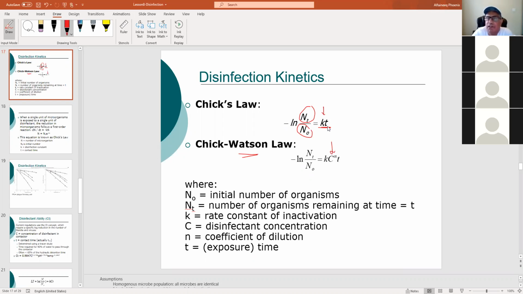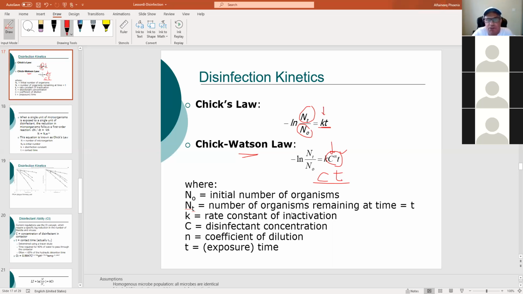It's not just KT. And from here, later on, this time-concentration, CT, was taken by the Environmental Protection Agency to work with.